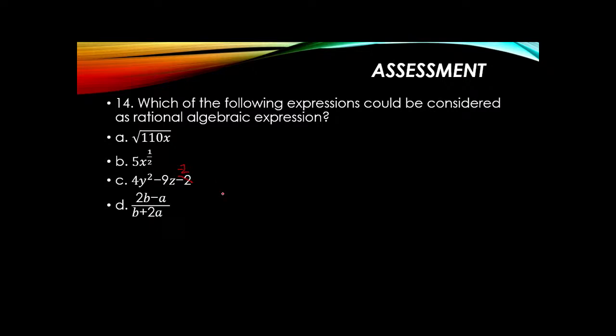Letter C, 4y squared minus 9z to the power of negative 2. Letter D, 2b minus a all over b plus 2a. Okay. Which of the following expressions could be considered? Where is the rational algebraic expression?